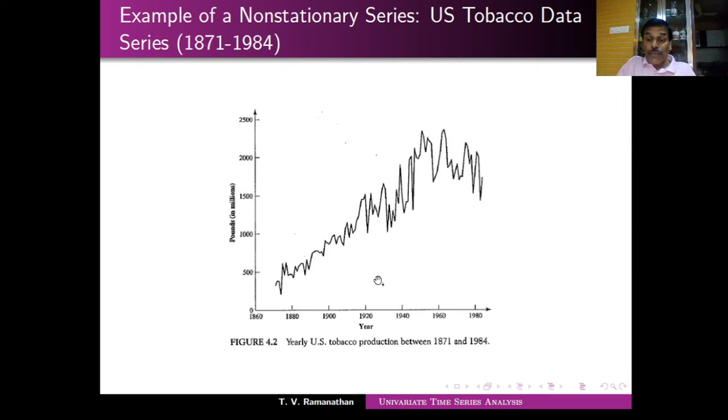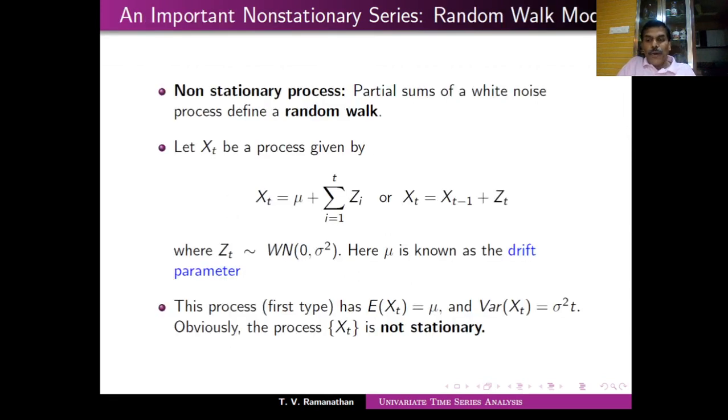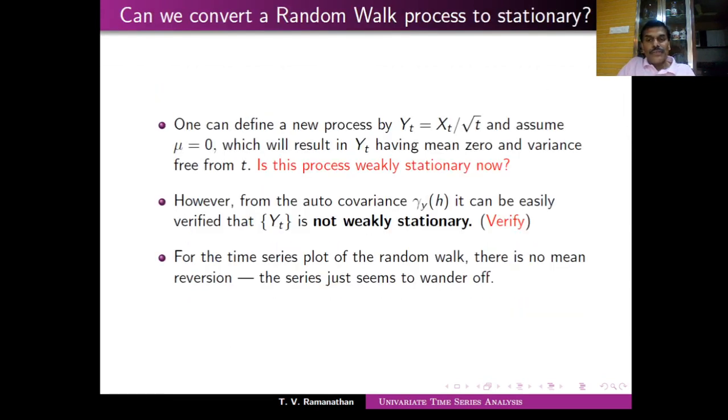Of course, we consider it as zero expected, because the expectation of z equals 0. If it is not, you can have a mu there, and it should be moving around mu. But that's not happening. This is why we can say that it is not weakly stationary.